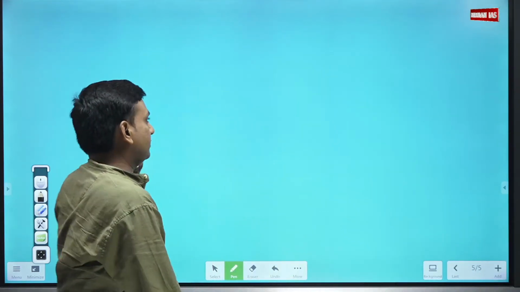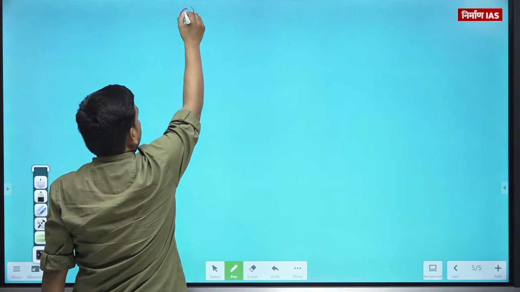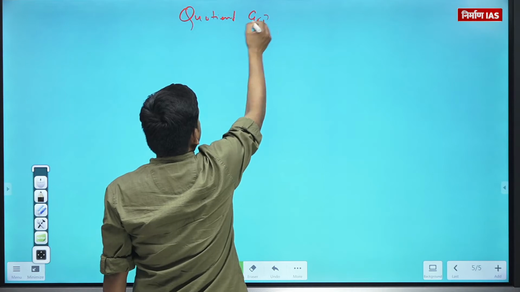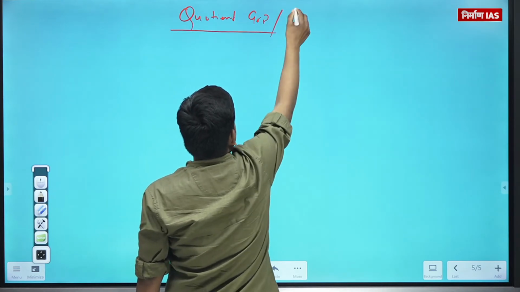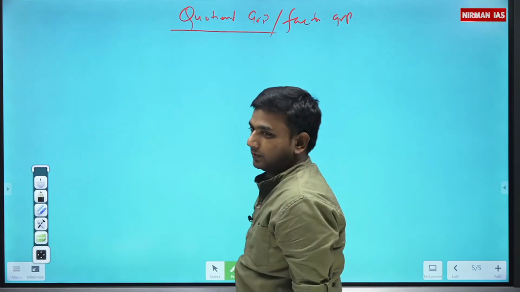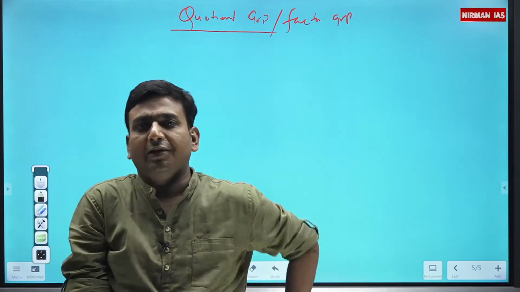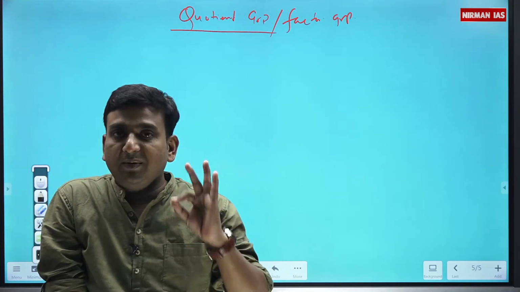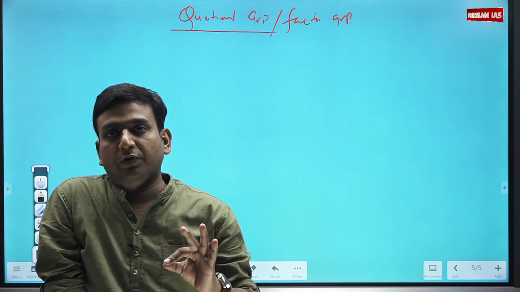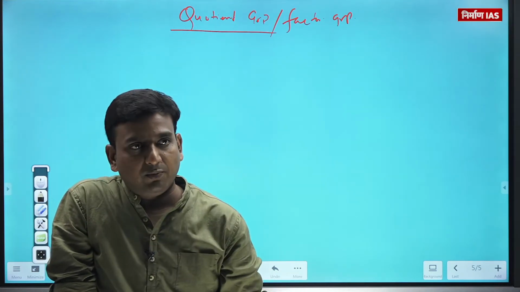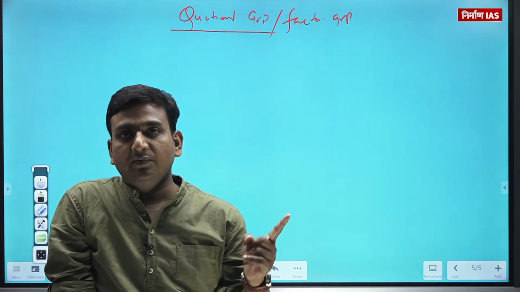Because the next concept is quotient group or factor group. This is also called factor group. Don't be confused, it is very easy, but I will suggest this is the most important topic for you guys, because with this we will go to the fundamental theorem of homomorphisms and isomorphisms.